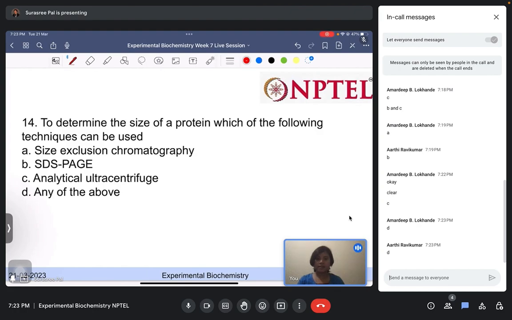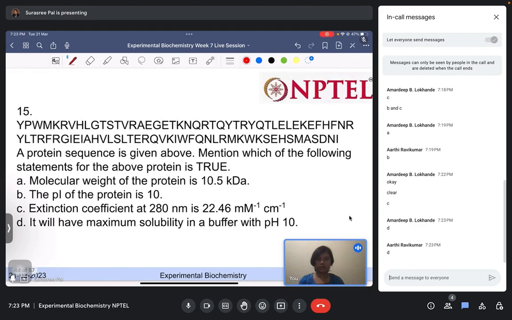Right, to determine the size of the protein, the techniques which can be used can be size exclusion chromatography, SDS page, analytical centrifuge, any of the above. So that is the correct answer, D. Right, D is the correct answer.